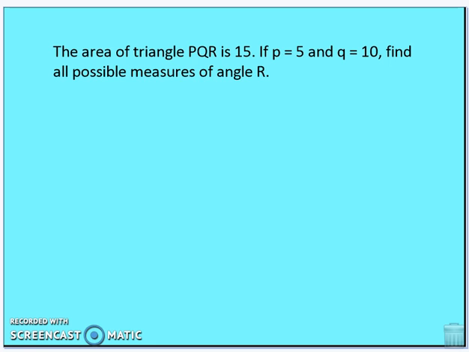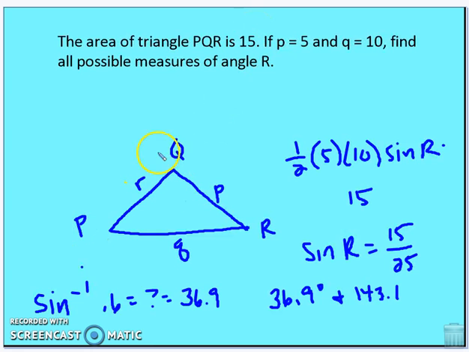All right, next question. The area of triangle PQR is 15. If p is equal to 5 and q is equal to 10, find all possible measures of angle R. I'm going to pause here while you figure this out. Strong recommendation to draw the triangle. All right, so we've drawn the triangle PQR, with side lengths lowercase r, lowercase p, and lowercase q.